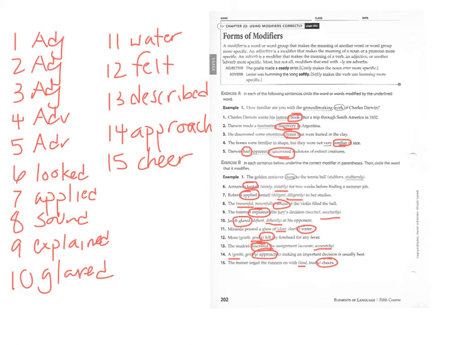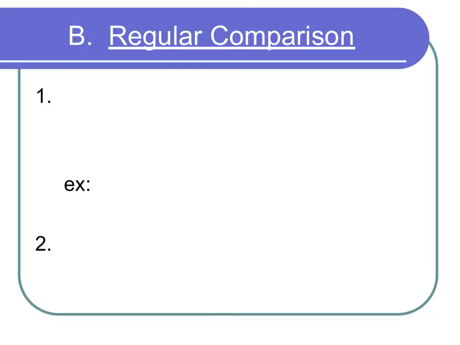Okay, so what we want to take a look at today, slide here, 3 degrees, is we want to talk about the different degrees of comparison. Okay, and we went through troublesome modifiers last week, and we're going to talk about just regular comparison today. And we'll talk about the different degrees of modifiers.